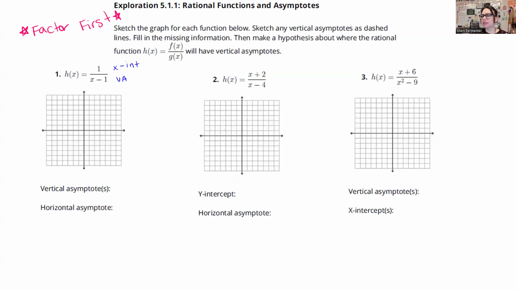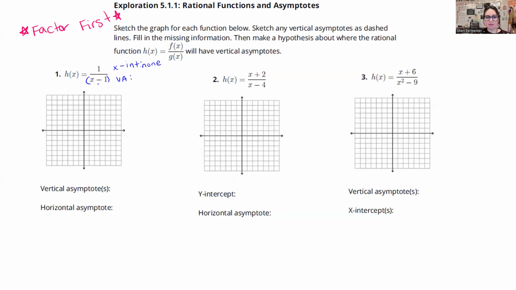No, therefore there are no x-intercepts. So for this one, it's none. Vertical asymptotes come from the bottom or the denominator. And when we think about our vertical asymptotes, if we look at that as a factor like this, you're always setting it equal to 0. So if this was set equal to 0, what would x equal? 1.